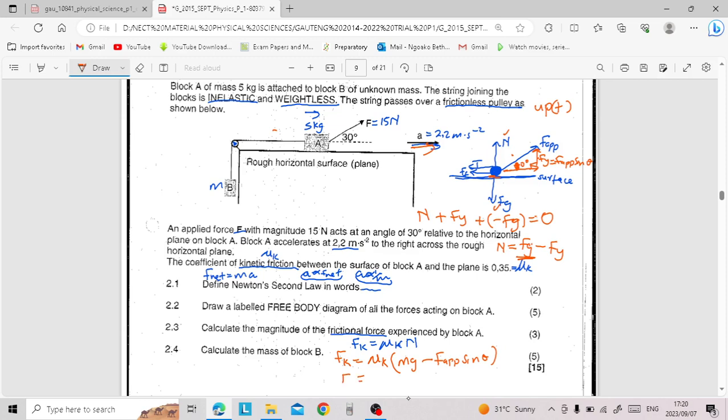Then the kinetic friction equals, we substitute, the coefficient is 0.35, the mass of A is 5, so 5 multiplied by 9.8 minus this one, 50 multiplied by sine of 30 degrees.